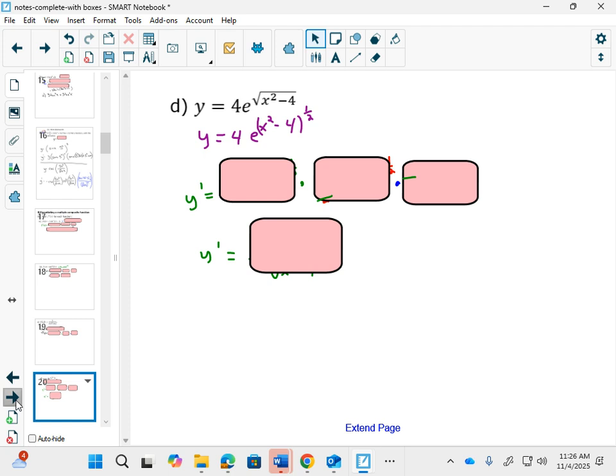It's e to the x, to something. The e to the something, this whole part, I'm going to put it in a green box. This whole part is in the place where an x normally is with e to the x. So that green box is inside of an e to the x. And then the x squared minus 4 is inside the exponent of a half.